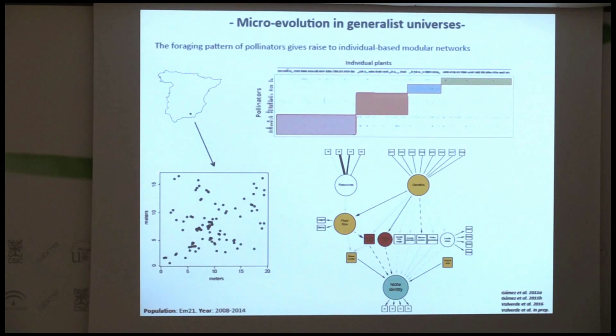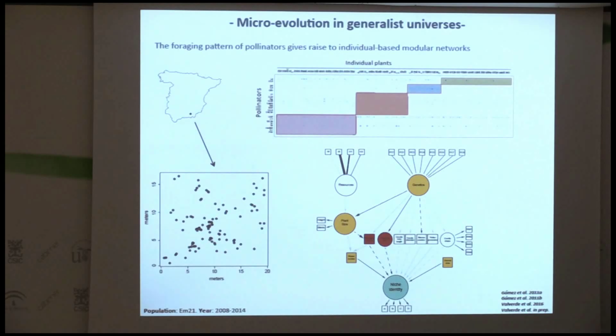This is a population of plants, and these are the only plants in the population, 100 plants, because we removed the other plants just to be sure that we were working with a certain number of plants. This is the dimension of the plot, 20 meters by 20 meters, and this is the spatial location of the individuals.